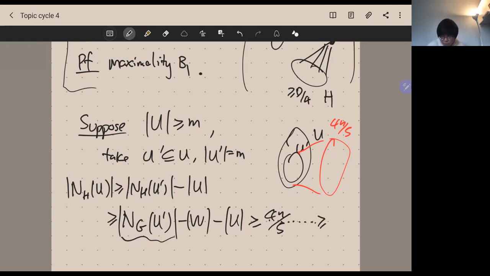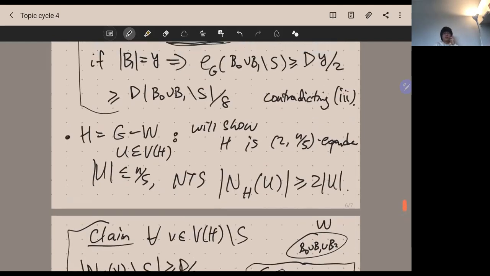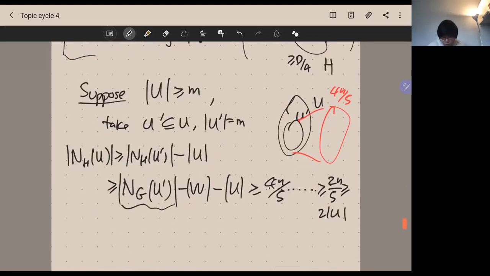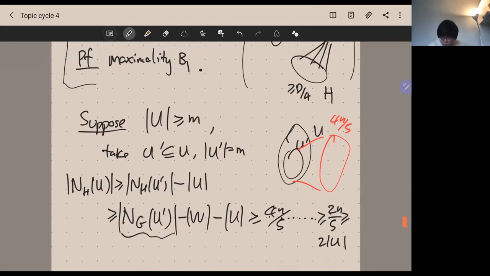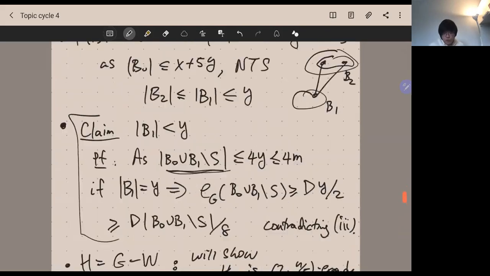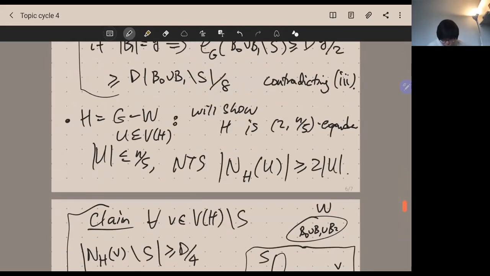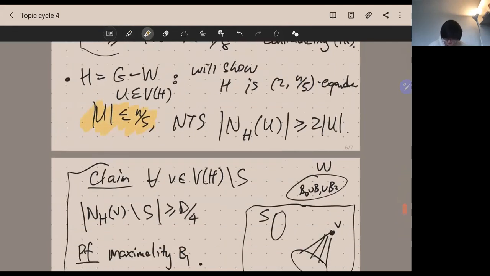The other term is small, which we assume in the hypothesis. You can show that this is bigger than 2n over 5, which is bigger than 2U, because U is at most n over 5. We want to prove 2n over 5 expander. So we choose a set U of size n over 5 here.